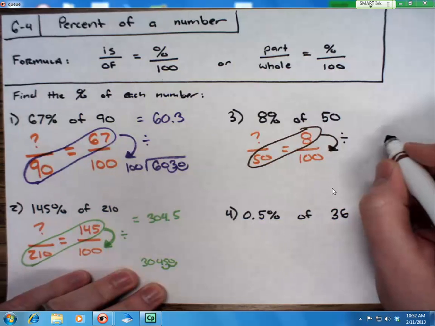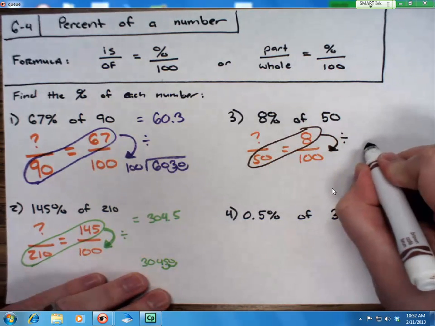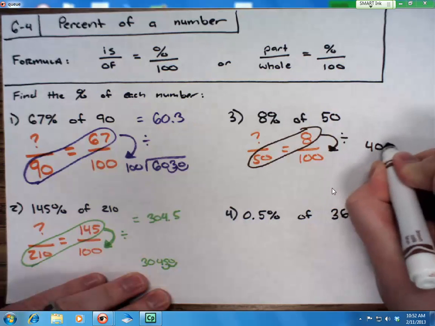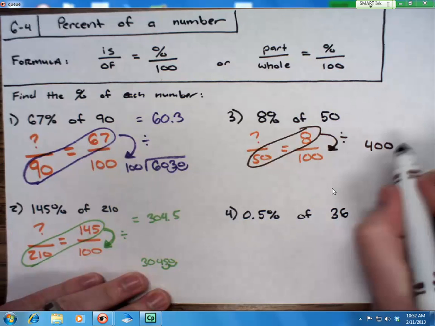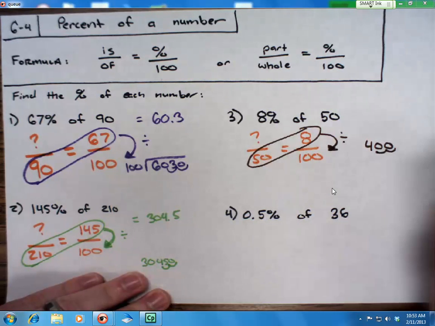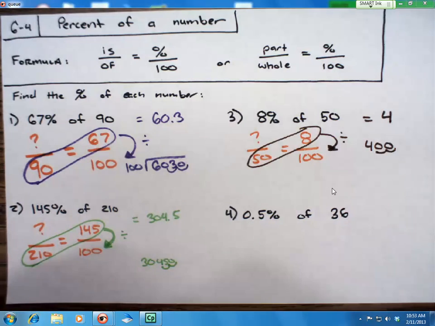And 8 times 50 gives me what? 400. Then I have to move my decimal over 2 places because remember we're dividing by 100. So 1, 2. That leaves me with just 4. So I know that 8% of 50 is 4. Not hard.